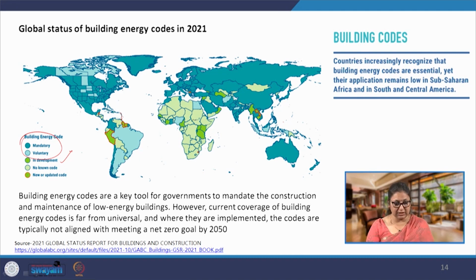But we can see clearly that almost all the world, most of the nations, have their own building energy codes, and a lot of them also have mandatory codes, which is why we see this indicator where the energy intensity per square meter of buildings and also the related emissions are coming down, but of course, the overall number is increasing.